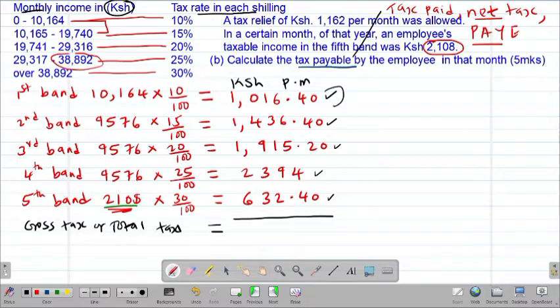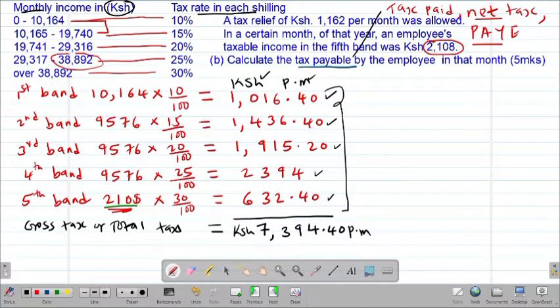So you add these amounts on your calculator. Your calculator should be able to give you a total of 7,394 and 40 cents. Then of course this was in Kenya shillings per month. So that is our gross tax.